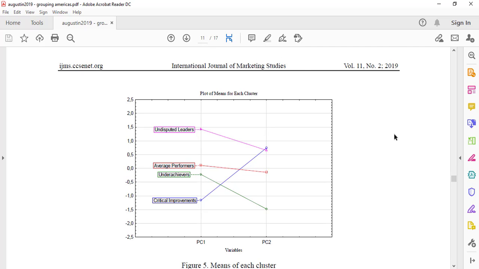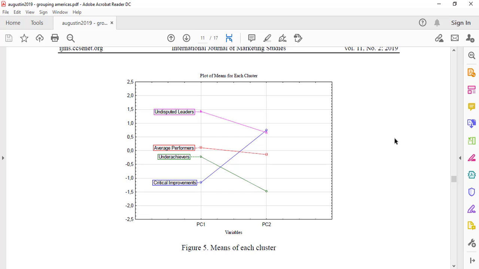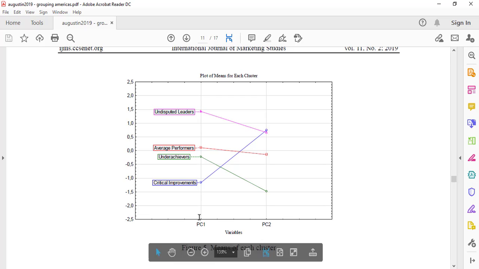Now we presented the plot of the mean of each cluster based on PC1 and PC2. Critical Improvement, as you may see and as we discussed in the previous table, has PC1 very low, PC2 above average. Around average here.